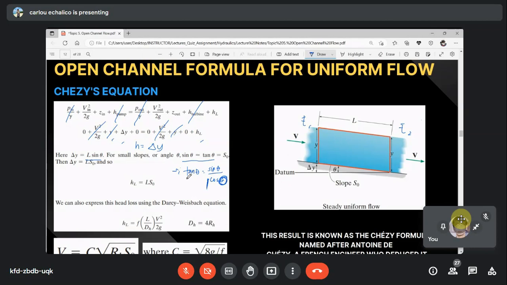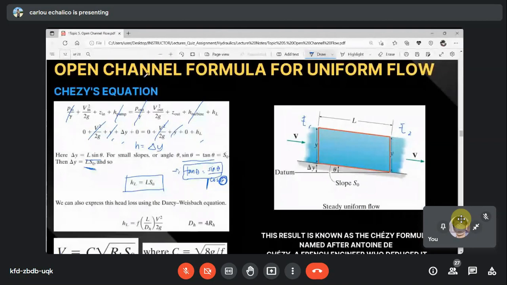So you can say that tan theta is equal to sin theta. Therefore, from the geometry, delta y is just L S0. That is the simplification: the head loss is just the length times the slope of the channel.